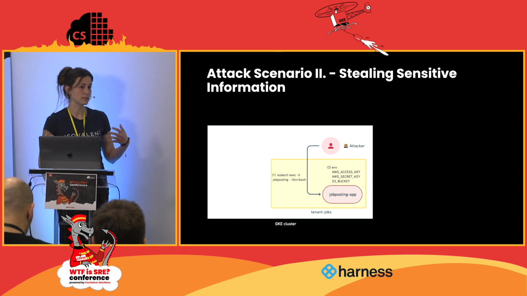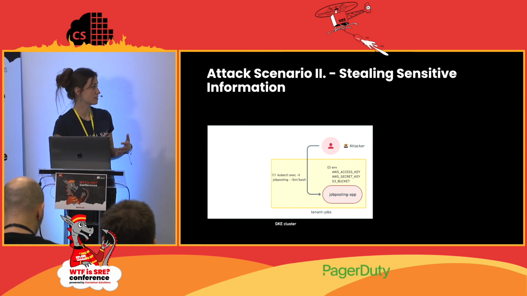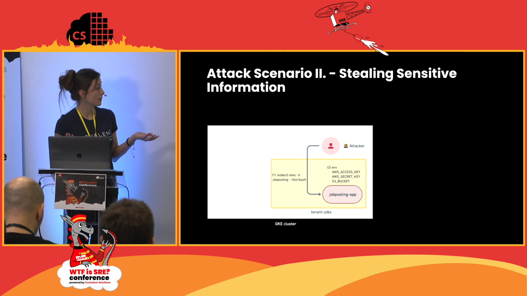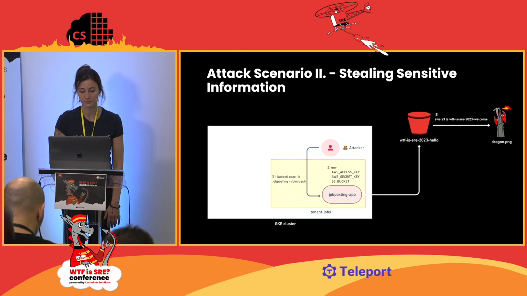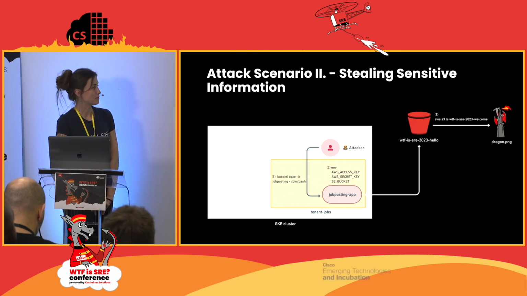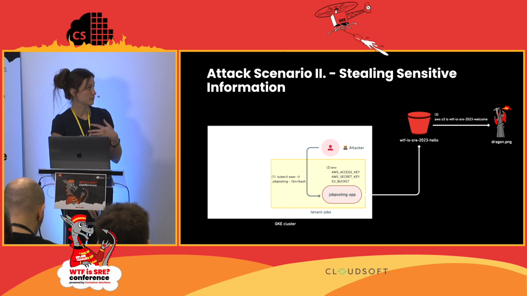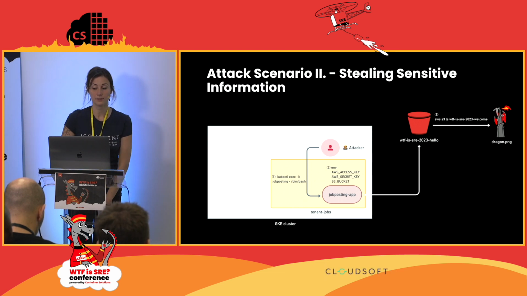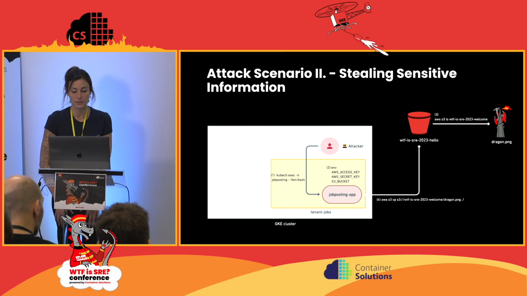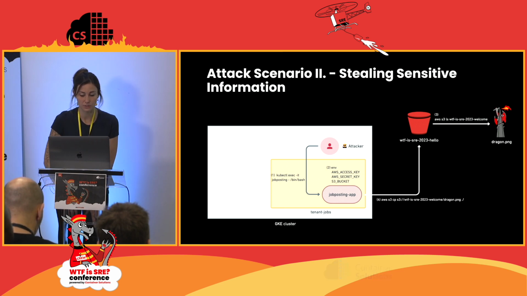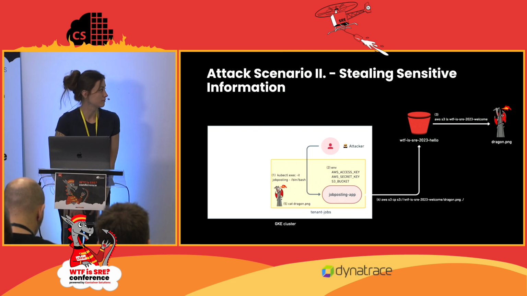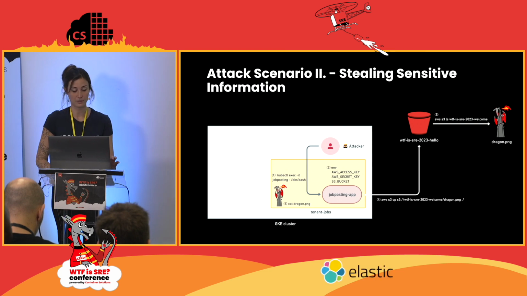So I discover some AWS credentials, like the access key and the secret key, and then I find the bucket. And then I'm just gonna see, hey, what's inside the bucket? And I discover there is a dragon picture. So I'm just gonna download the dragon picture, and then we will see what's inside it.